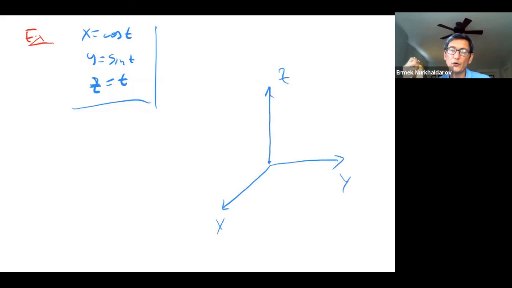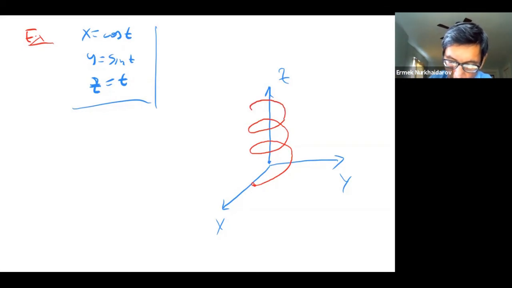You kind of draw your circle, but at the same time your circle is going upward, right? So kind of circlish, but going upward. So we start at x equals 1, y equals 0, and z equals 0. Then it starts going upward. And if you remember the name of this object, it's called a helix.